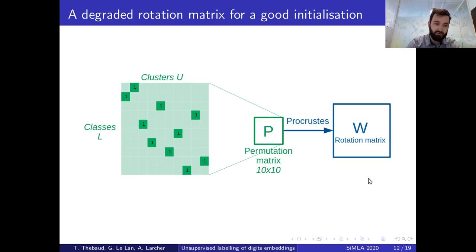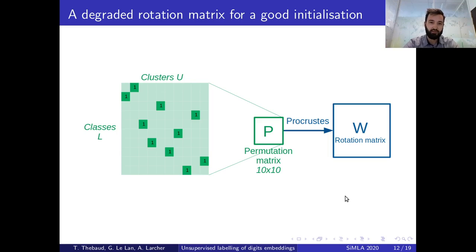This rotation matrix isn't a 64 by 64 matrix, it's a 10 by 10 matrix, because using Procrustes with 10 correspondences, 10 pivot points, we couldn't have a higher dimension than 10 dimensions for rotation, so we reduce both the embeddings, the clusters, to a 10-dimensional space using principal component analysis.